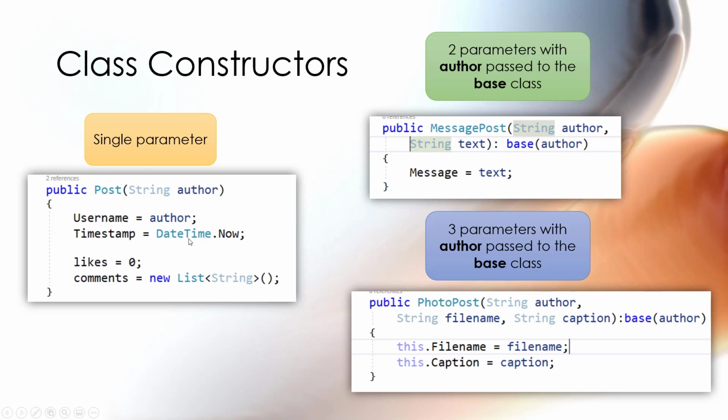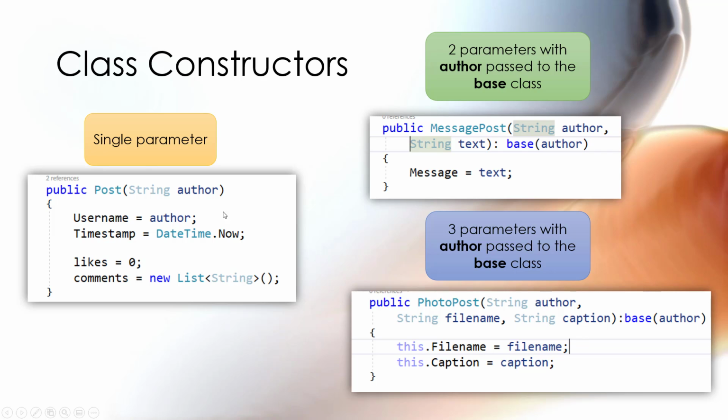They will have a timestamp. They'll start with 0 likes, and they'll have a new list of comments, which to start with will be empty. Creating a message post, we need an author and the text of the message, and a photo post needs an author, a file name, and a caption.